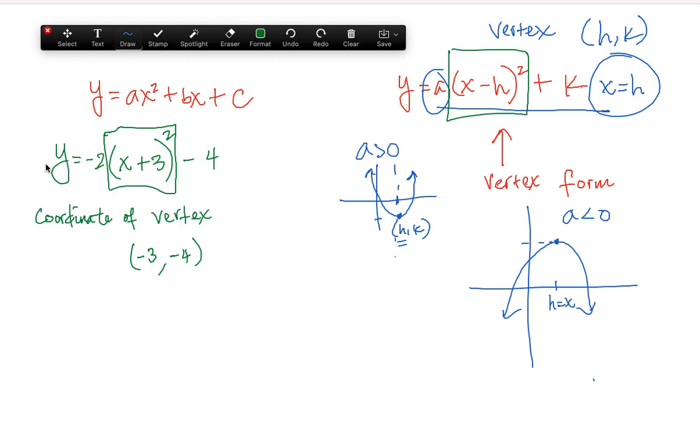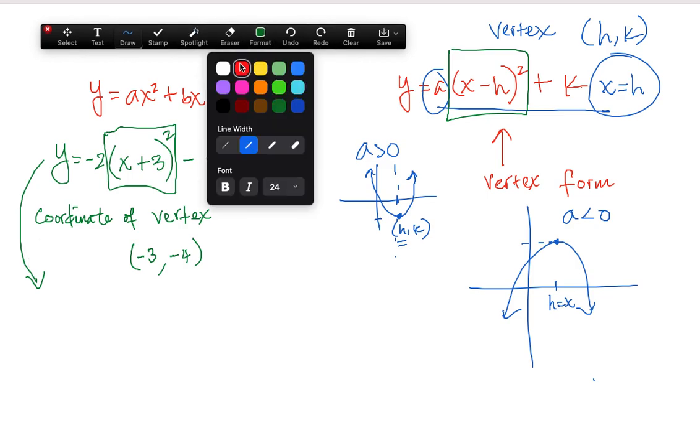Okay, now, does my specific example have a maximum value or a minimum value? So that would be a minimum value. Sorry, on my example right here.